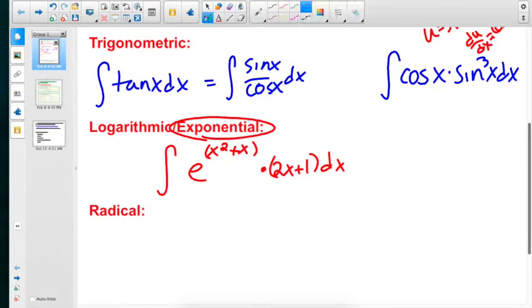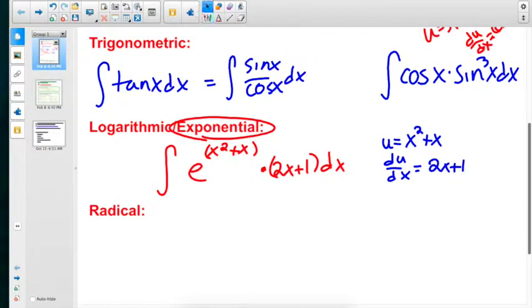There's the U. If we let U be the x squared plus x, then what happens to my derivative? My derivative ends up being 2x plus 1. So instead of trying to do the antiderivative of that big thing, this boils down to the antiderivative of what?